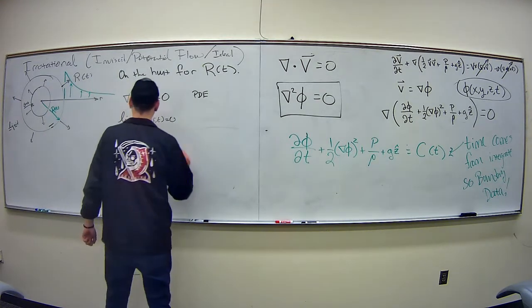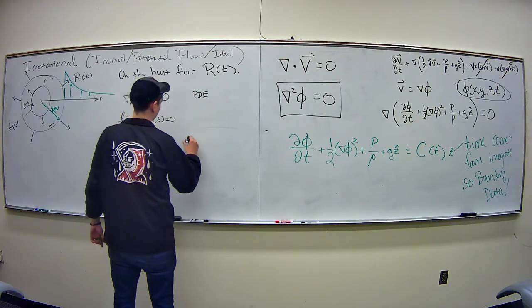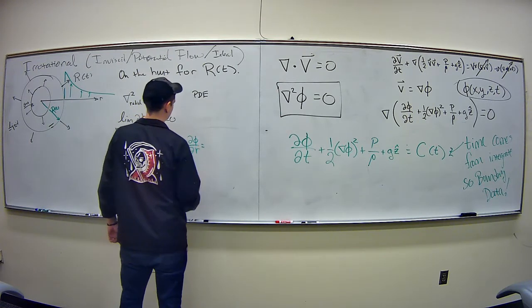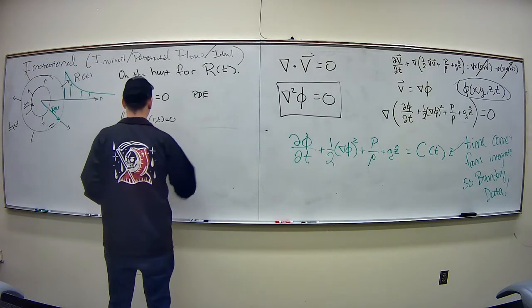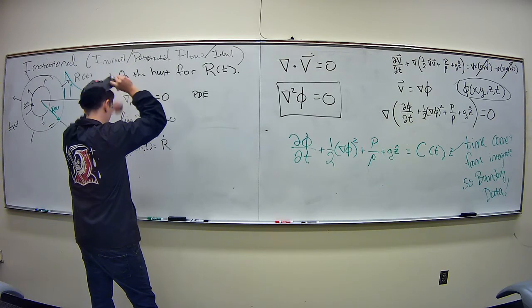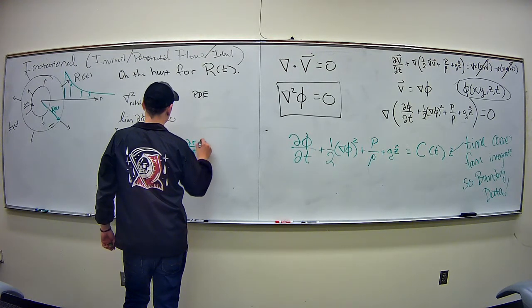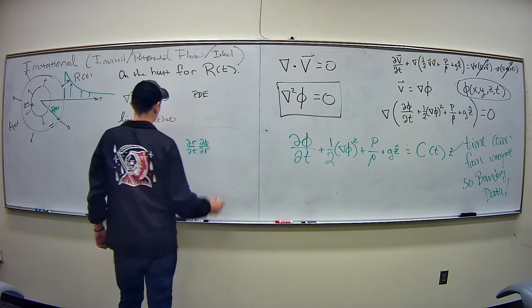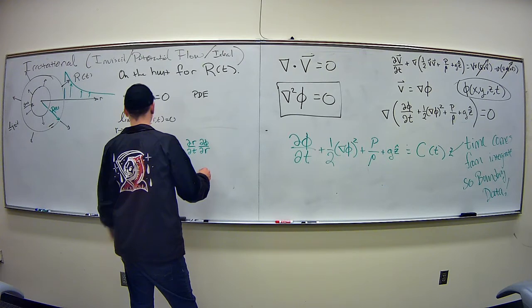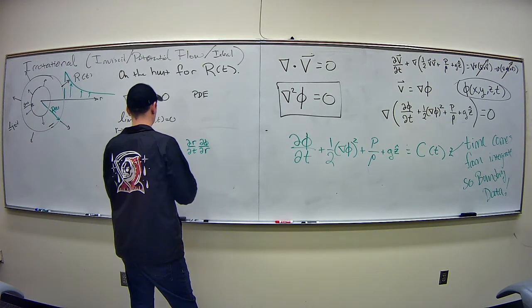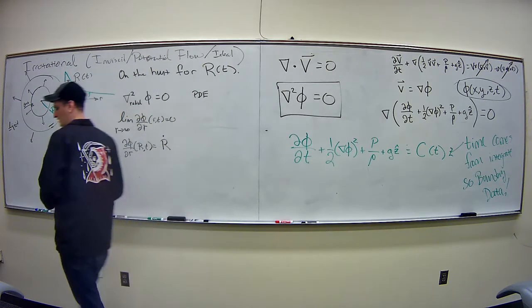You can do this even by just noticing that you have this being, what do you have here? So now this is r dot.